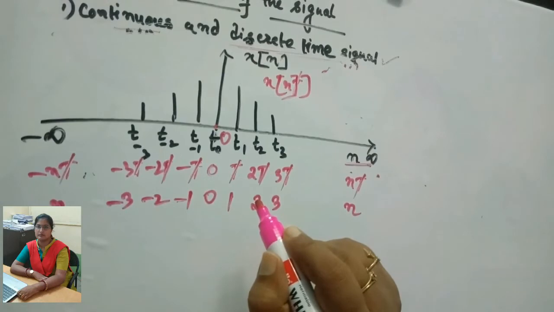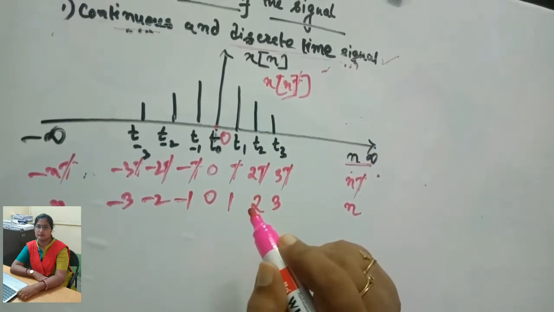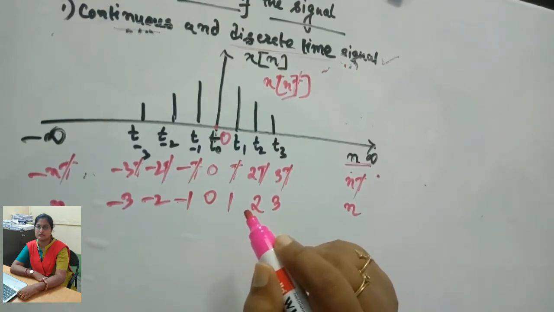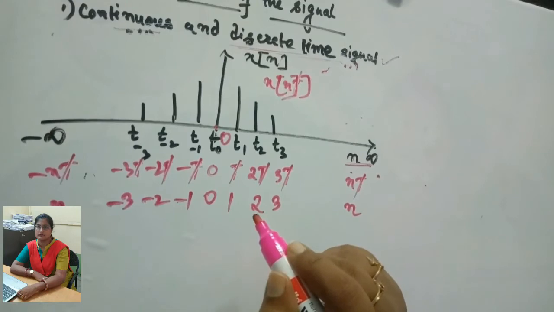Let's try to solve an example of a discrete time signal. In this example, a plot of a discrete time signal is given. Using this example, I will explain one more way to represent the discrete time signal.